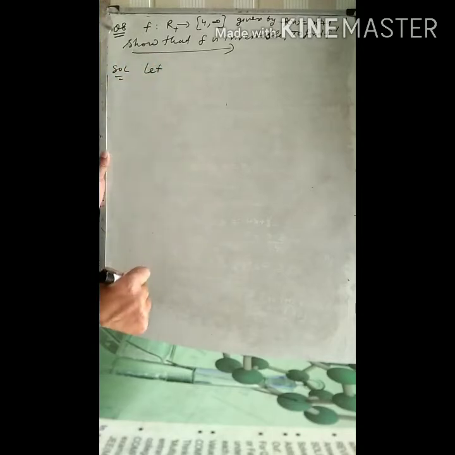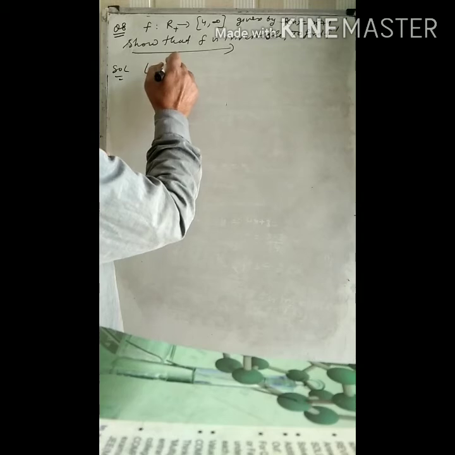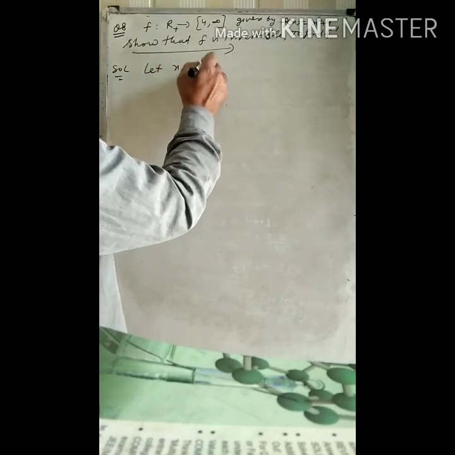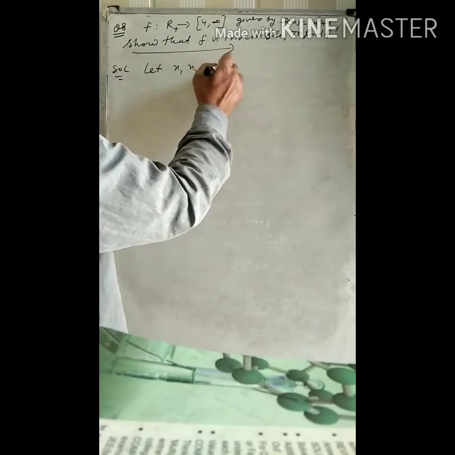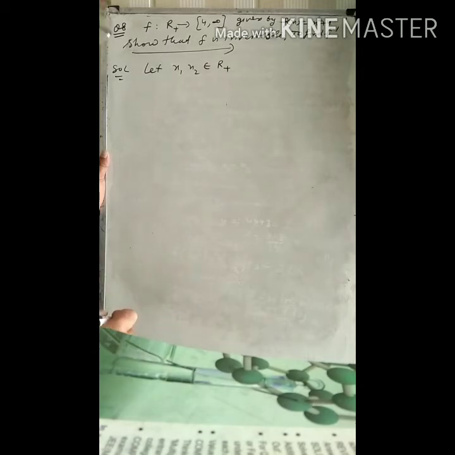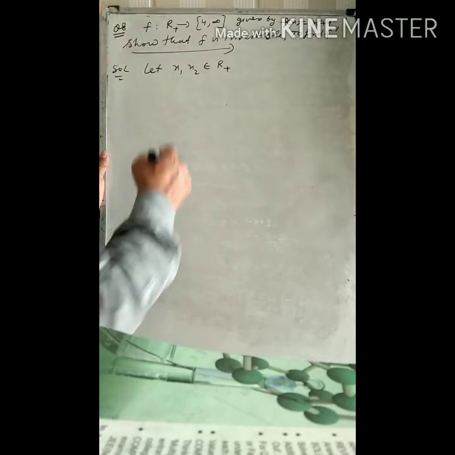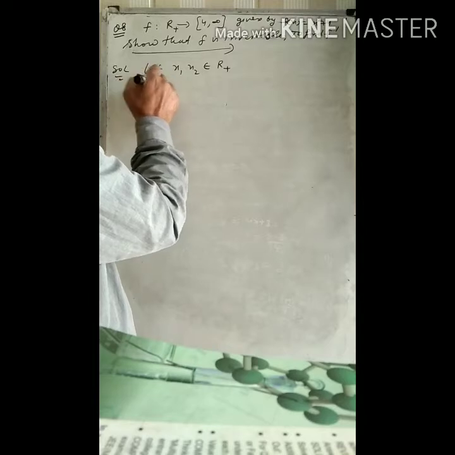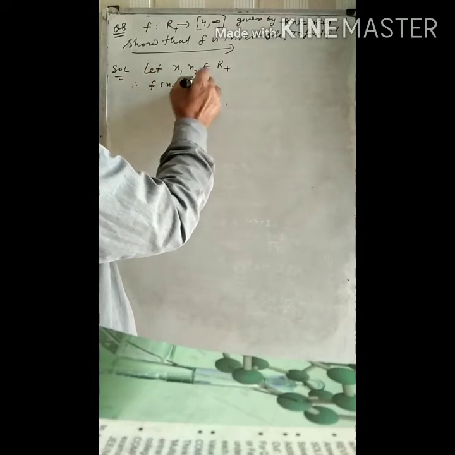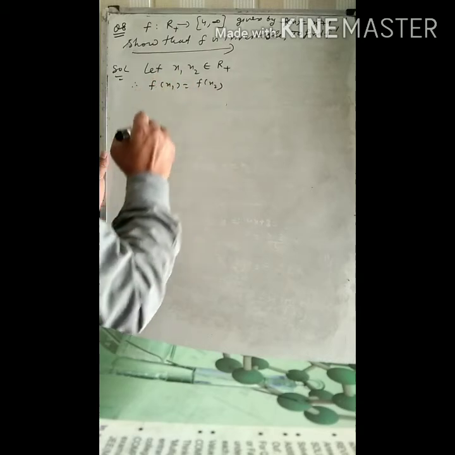Let x1, x2 belong to R positive numbers. Therefore f of x1 is equal to f of x2.